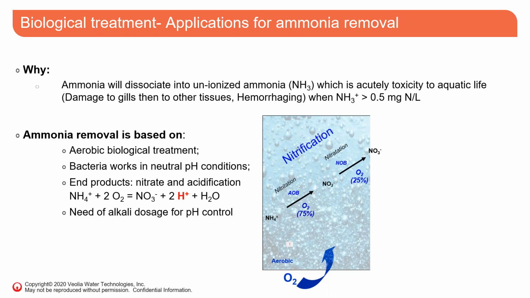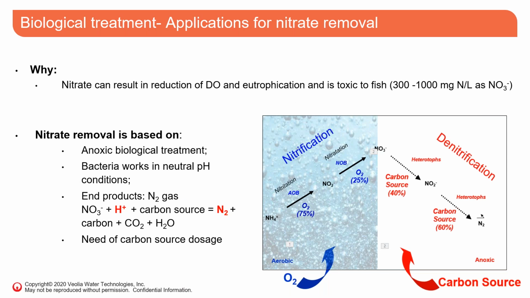And to go a little bit further, if you have some regulation on total nitrogen removal, like in some states and in some provinces in Canada, you have to remove nitrates. Nitrate is not toxic.